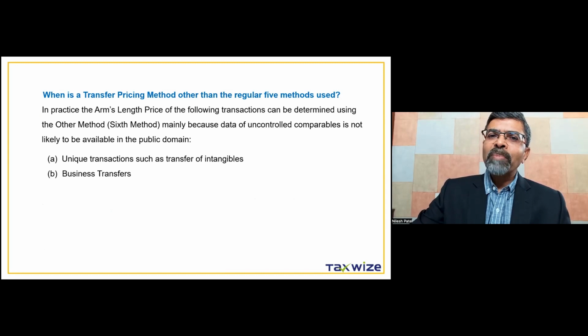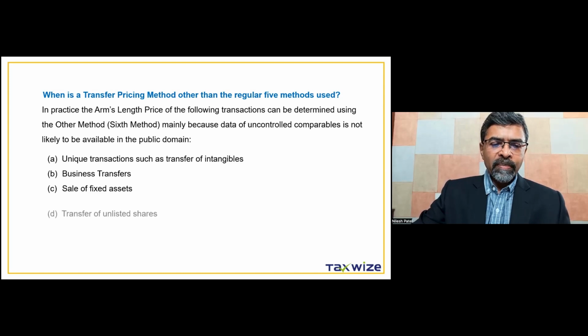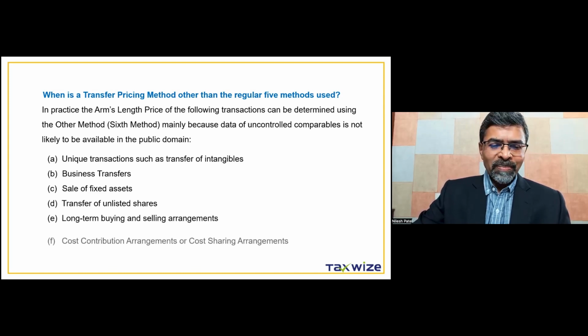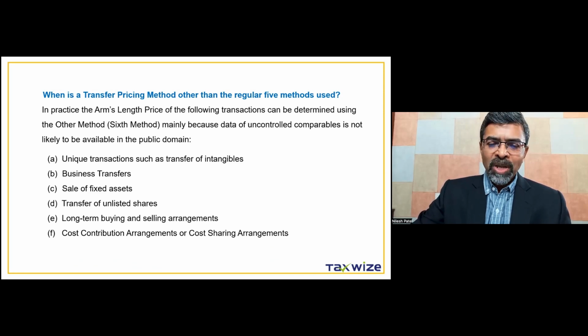transfers of businesses between related parties, sale of fixed assets like machinery, transfer of unlisted shares, long-term buying and selling arrangements, cost contribution arrangements or cost sharing arrangements where one related party incurs cost to develop infrastructure or to do R&D and other related parties share the cost.